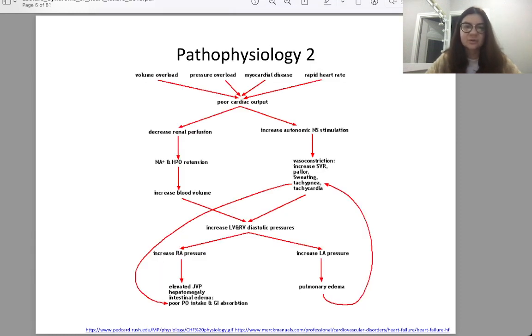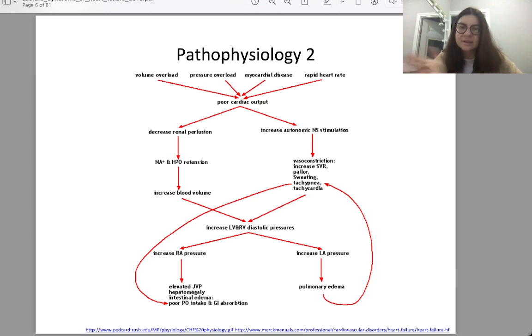Here you see a pathophysiological scheme of compensation of the heart in heart failure patients, which includes volume overload, pressure overload, myocardial disease, and rapid heart rate, which all together lead to poor cardiac output. It leads to two main pathophysiological results. First, decreased renal perfusion and activation of the renin-angiotensin-aldosterone system with sodium and water retention and increased blood volume.